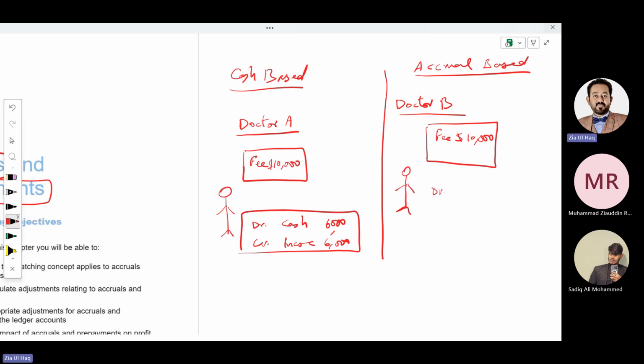This means Dr. B will record cash debit of 6,000 and credit income. How much is income? 10,000. This means the remaining 4,000 he will record as a receivable.